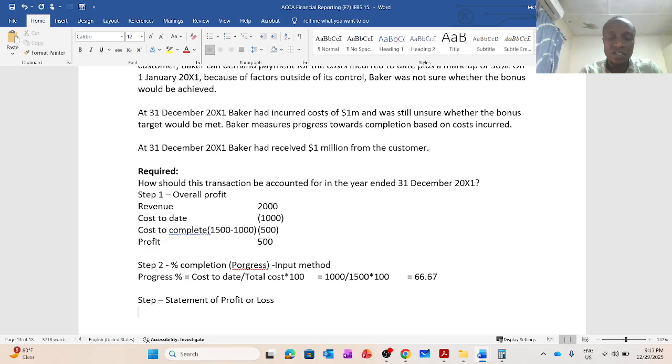So this is the first year we are going to recognize the revenue. And since the overall expectation is a profit, it means we are going to recognize revenue based on the progress so far. So revenue will be recognized based on the progress, 66.67% multiplied by the expected revenue, the 2000.